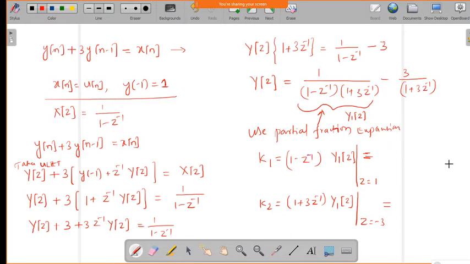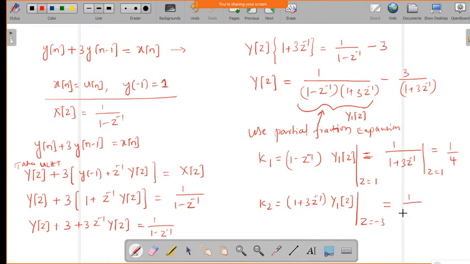So what is the value of k1? It is nothing but 1 over 1 plus 3 z inverse at z equal to 1. So if you put z equal to 1, it will become 1 by 1 plus 3, which is equal to 1 by 4. Okay, are you getting 1 by 4? Okay, so now another one you find out here.